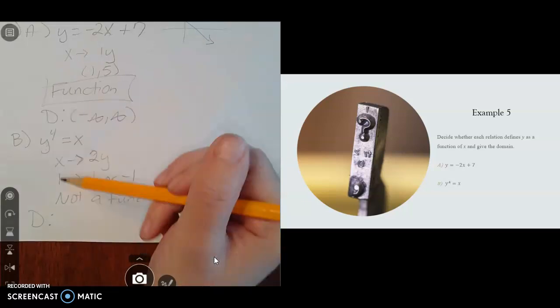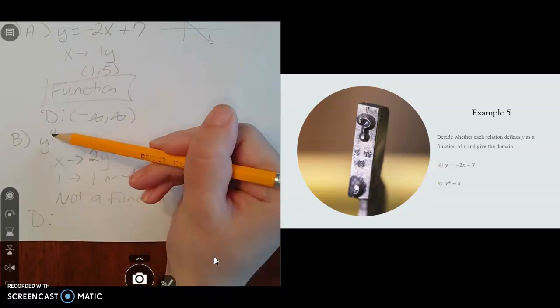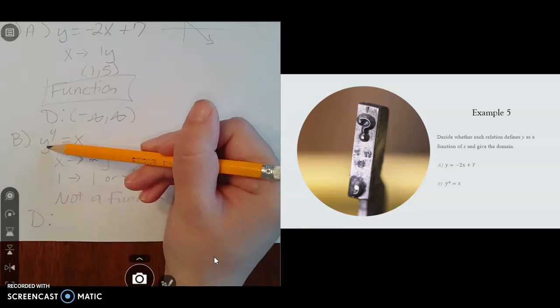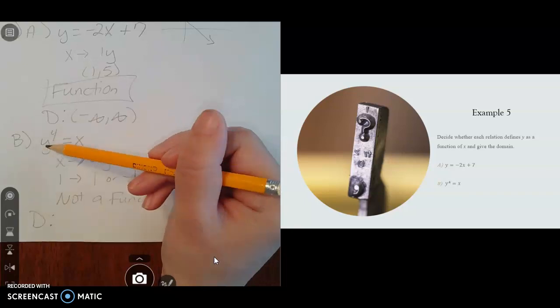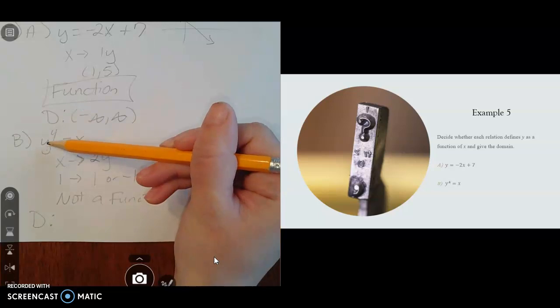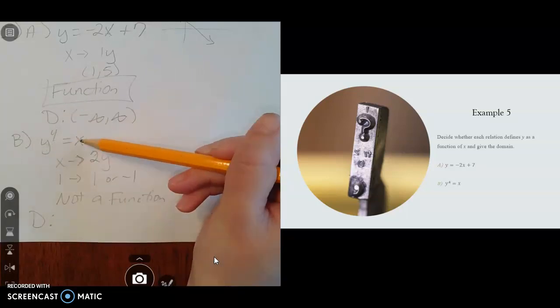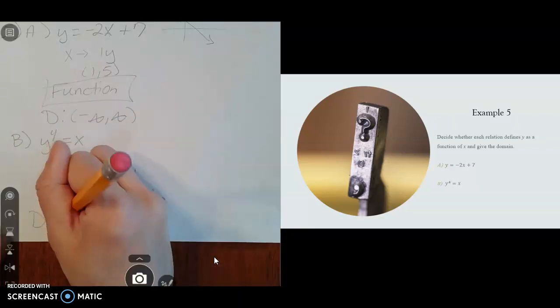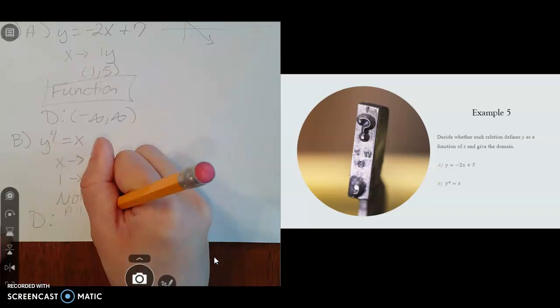You're noticing anything raised to an even power, it's kind of like a y squared, gives me positive values no matter what I put in for y. Just like if I put in that negative 1 to the fourth, I got a positive 1. So if you put in a negative value or a positive value, you get a positive x. So our x's are going to be all of the positive values, okay?